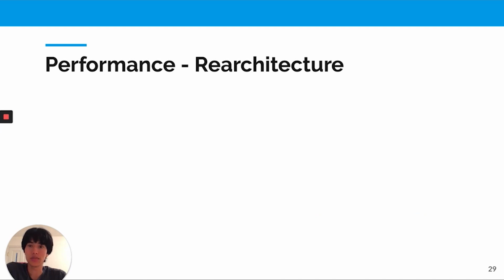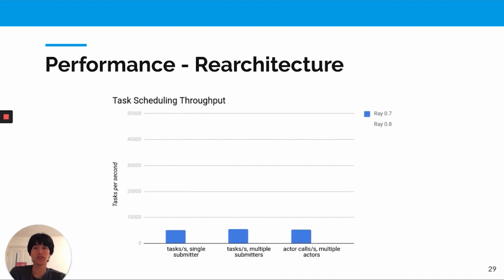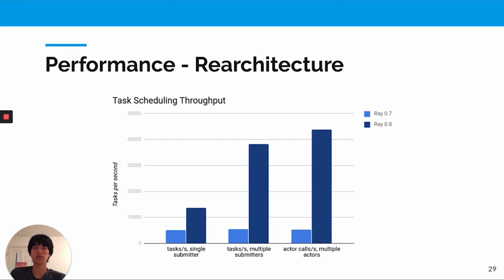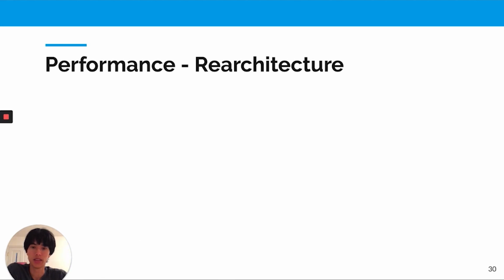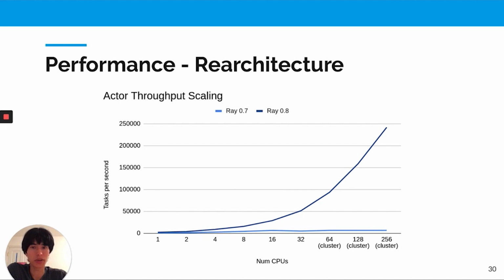So if we're looking at some micro benchmarks, here is 0.7 task throughput, both for regular tasks as well as actors. And here's task throughput for 0.8. Of course, higher is better. And so in some cases, you were actually seeing an order of magnitude performance improvement. Here's a scaling benchmark, again comparing 0.7 to 0.8, showing that 0.7, at least for this workload, is maxing out at around 5 or 10,000 tasks per second, even on actor tasks per second for a larger cluster.